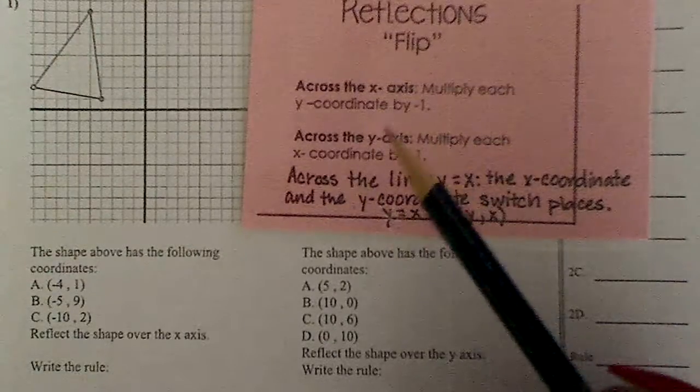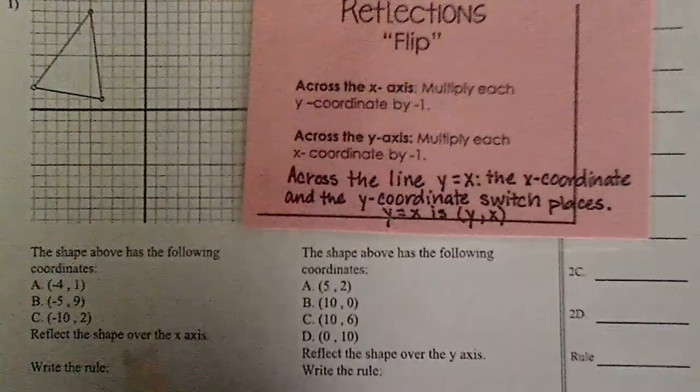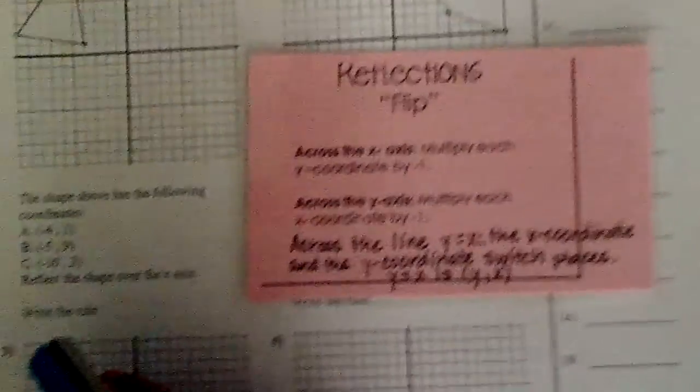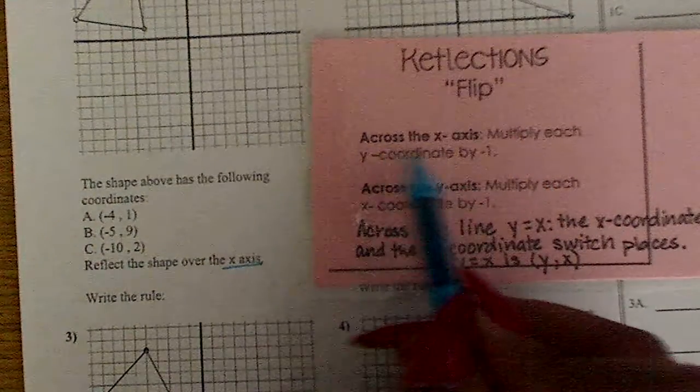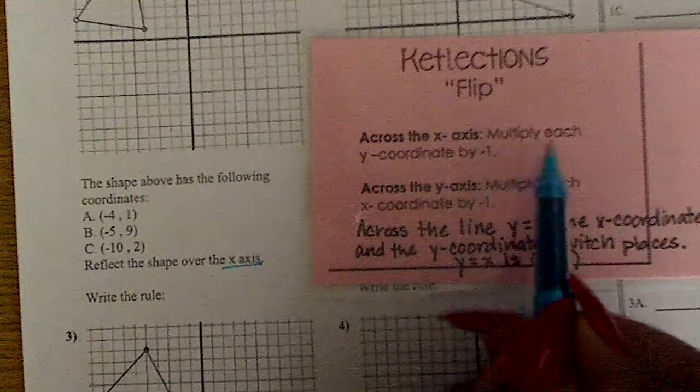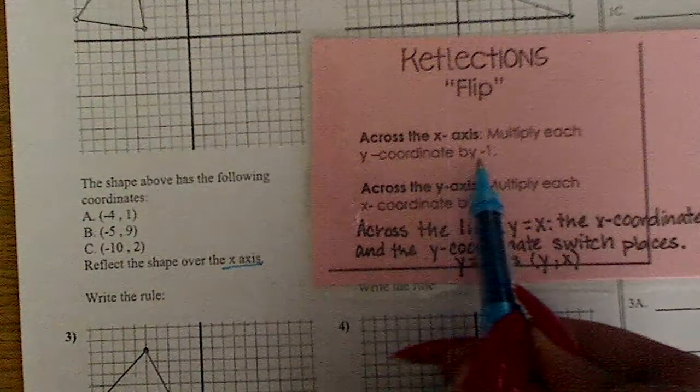The y coordinate, because it says to reflect over the x-axis. So we go to the one that says across the x-axis, and it tells us we're going to multiply each y coordinate by -1.